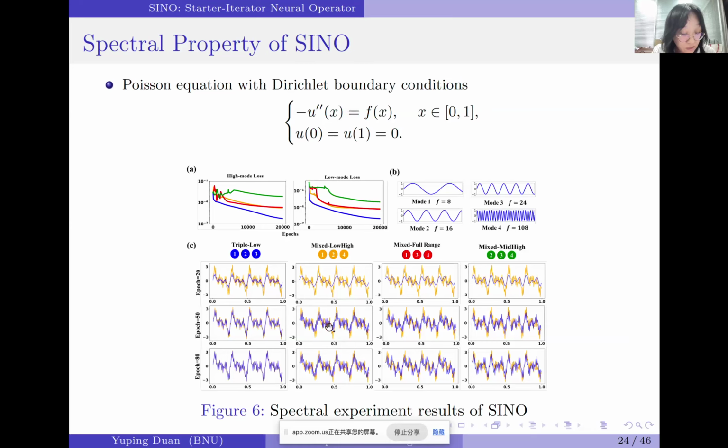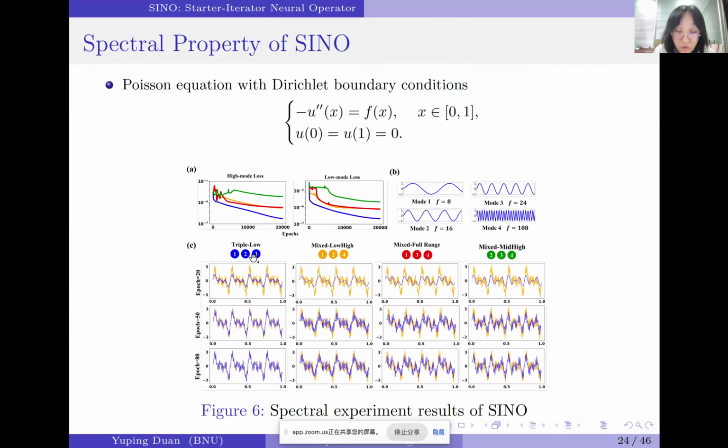From the result, we can see even when the high frequency components are included in the initialization, the network still first fits the low frequency part. Therefore, the low frequency initialization also reaches a lower loss faster, indicating faster convergence.